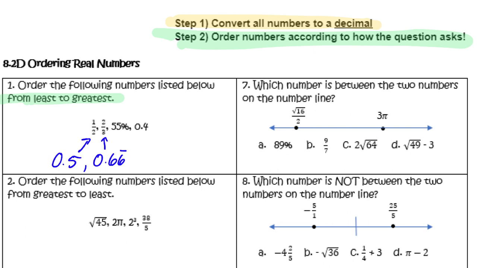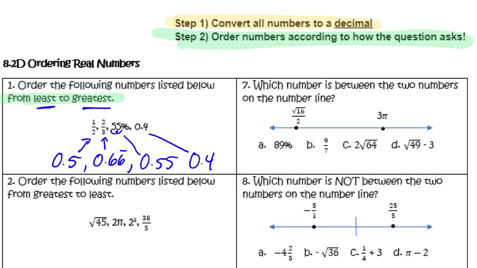Okay, and 55%. So again, we just take here, move the decimal over, or you can put that in your calculator too. 0.55, and then the last one right here is already in decimal form, 0.4. So now we need to order them from least to greatest.